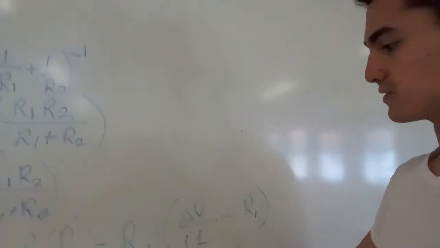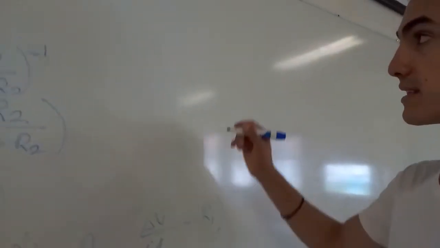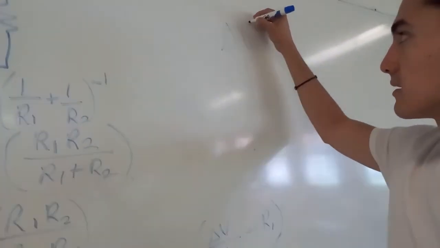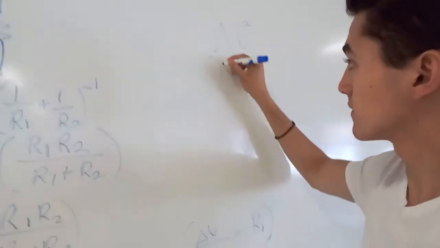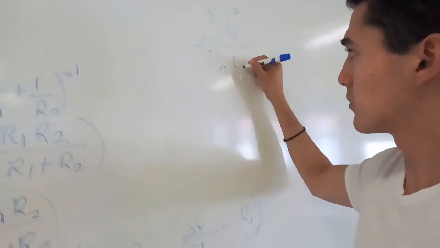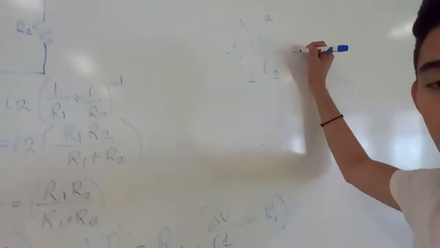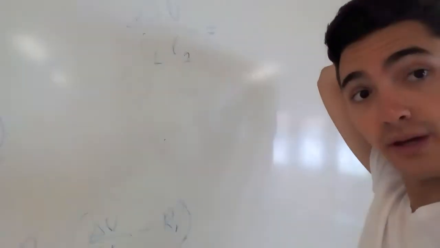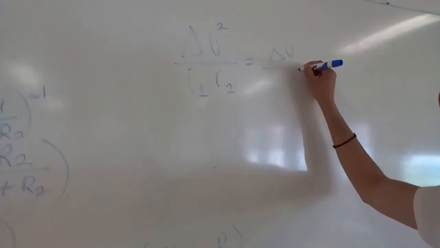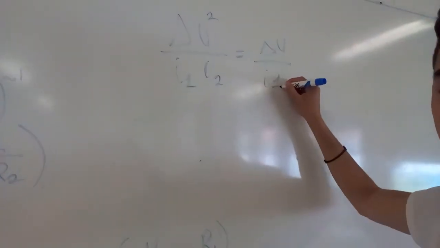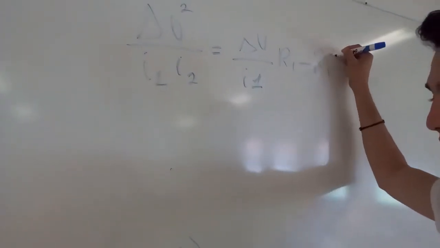Okay, once we determined this relation, then we can determine that the same difference of the voltage squared over both currents is equal to the difference in the voltage over the current 1 times the resistance 1 minus the resistance 1 squared.